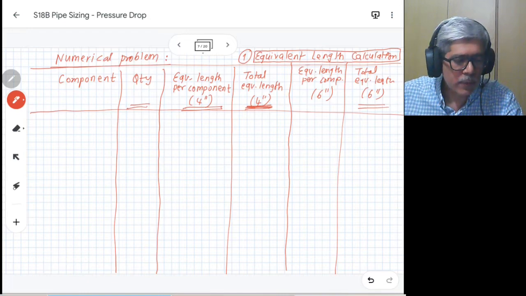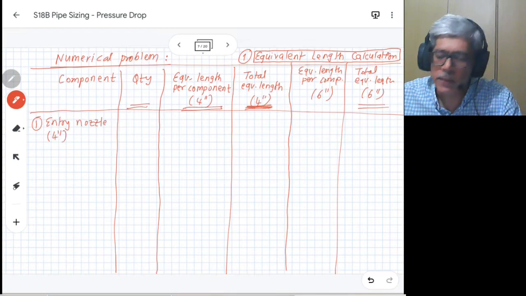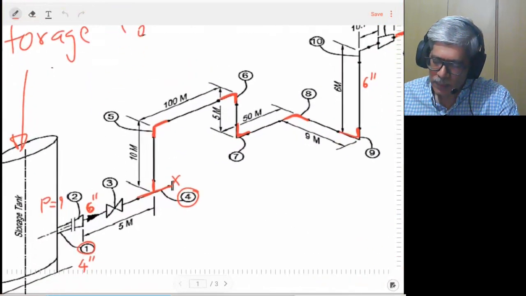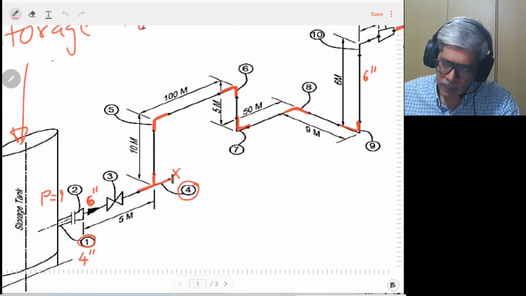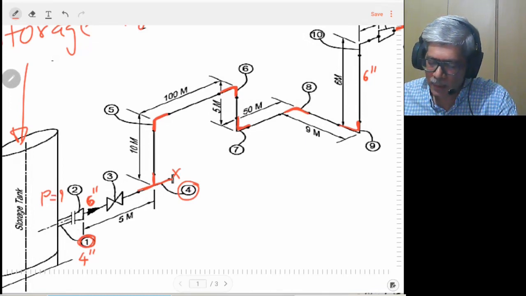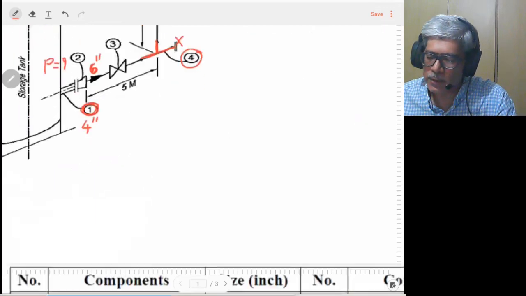So that is why the two columns are there for equivalent length per component and total equivalent length. Let's proceed with the first component, which is the entry nozzle. The entry nozzle is 4-inch size. So what we are talking about here is component number 1, which is of 4-inch size.